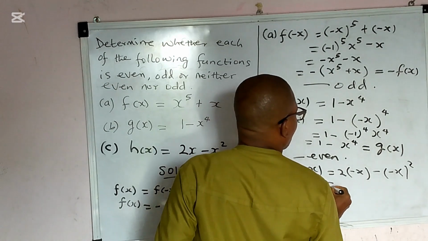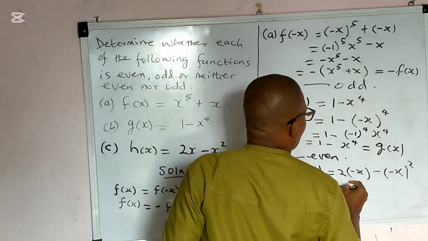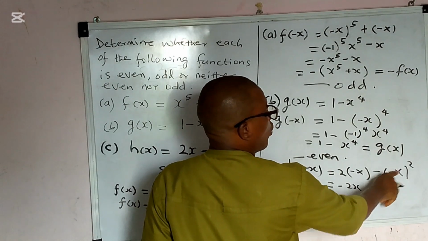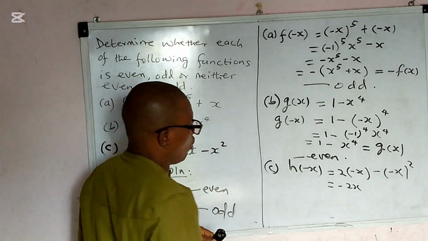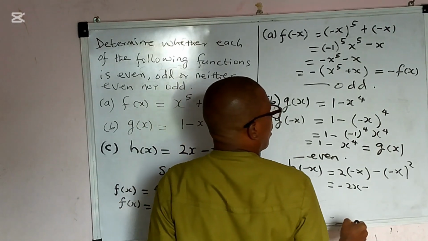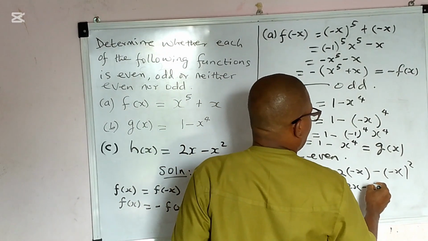Of course, this is equal to minus 2x, and minus 1 squared is plus 1, so you have minus x squared.